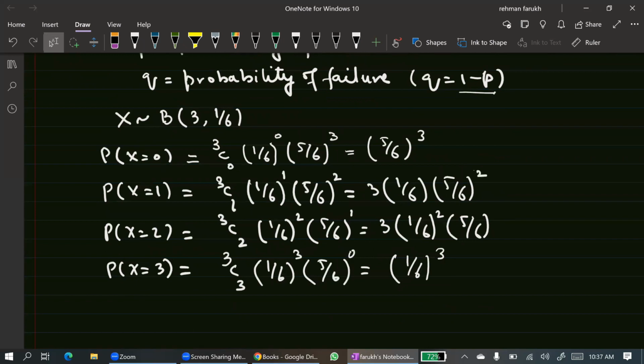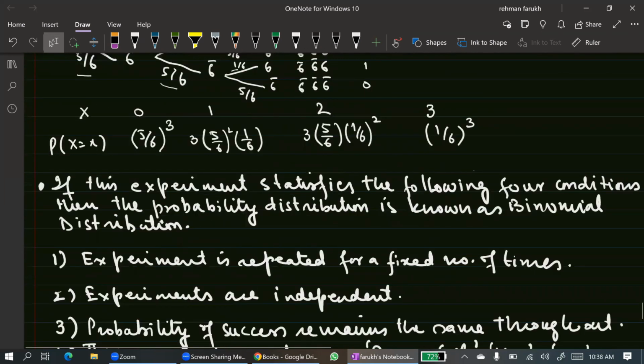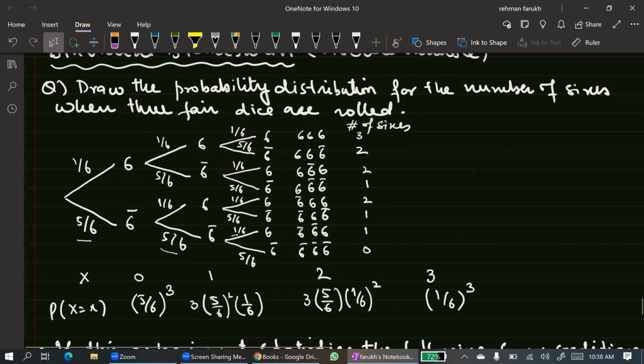Now, how can we find out the mean and the variance for the probability distribution?